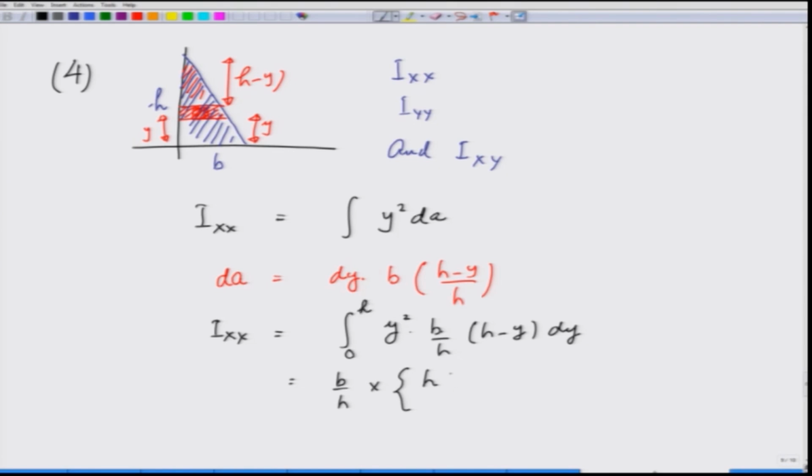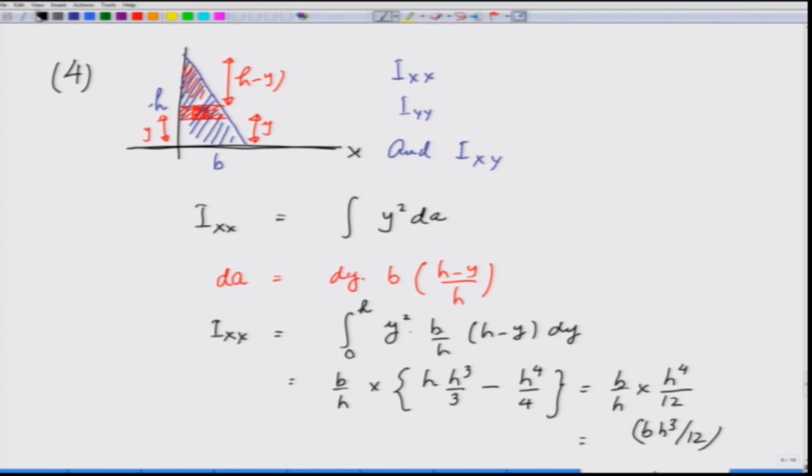So, h cubed over 3 minus y cubed integral, which will be h raised to 4 over 4, and this comes out to be b over h times h raised to 4 over 12, which is nothing but b h cubed over 12. So, I_xx, that is the second moment of area about the x axis for this triangle, is b h cubed over 12.